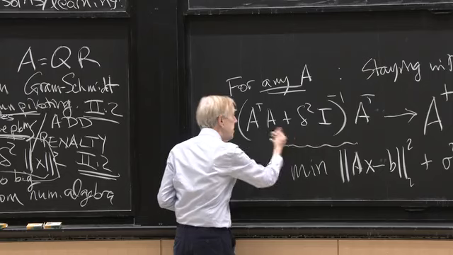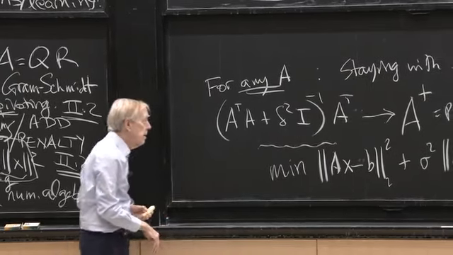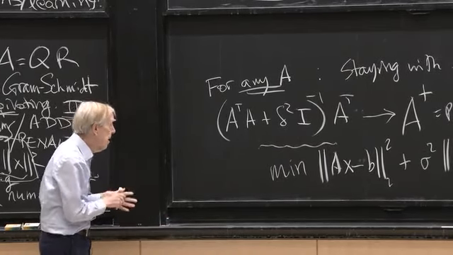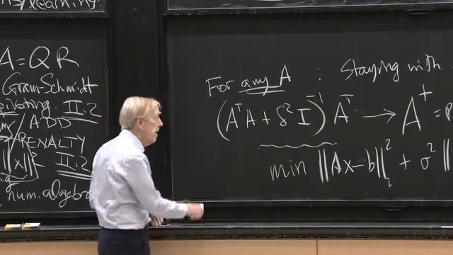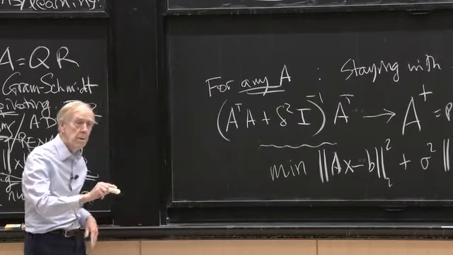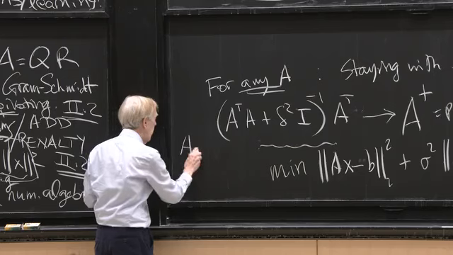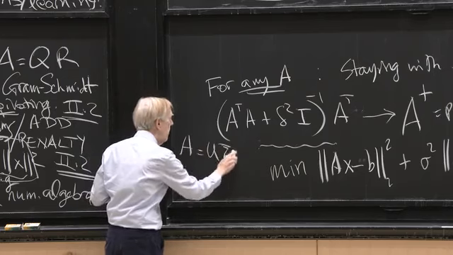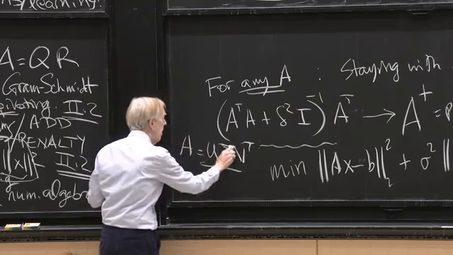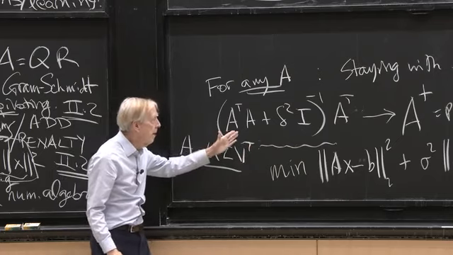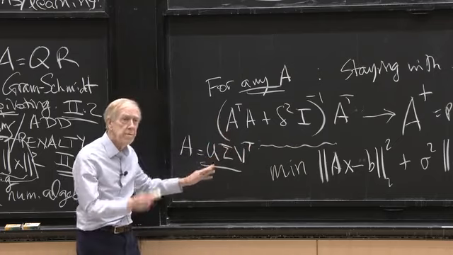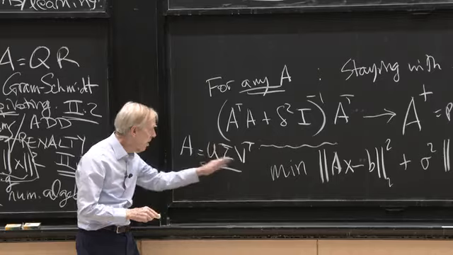I can write this in terms of the SVD. I just plug in A equals whatever the SVD tells me to put in there, U sigma V transpose. Simplify it using the fact that these are orthogonal.